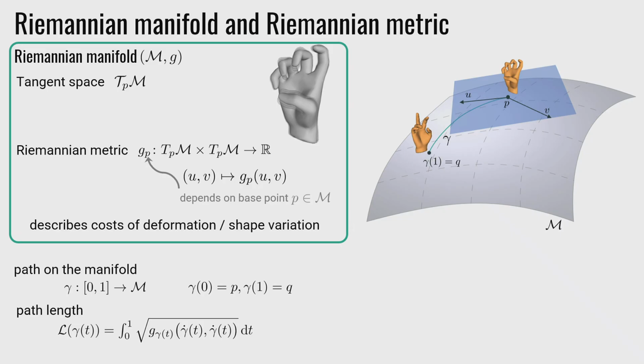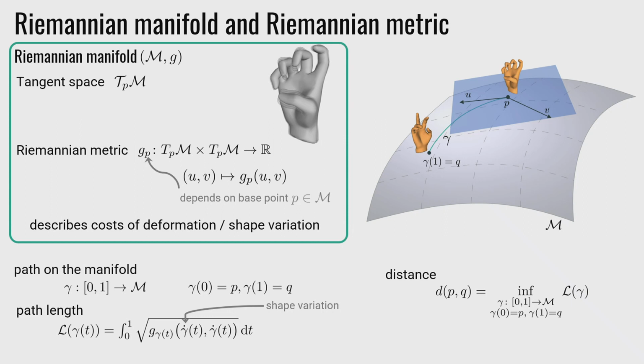And then you can measure the path length, just measuring the usual length of a curve, where you have the Riemannian metric in between. And now, because gamma is a deformation path between P and Q, the time derivative of this path actually corresponds to a shape variation. And the metric tells you how expensive would this be.